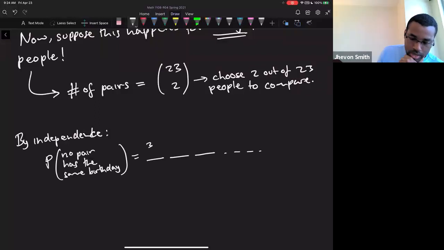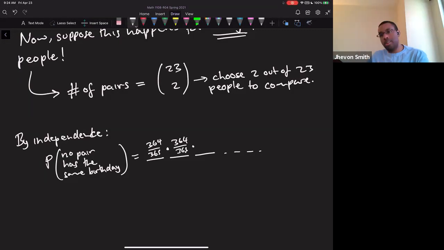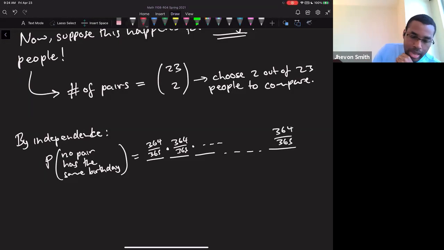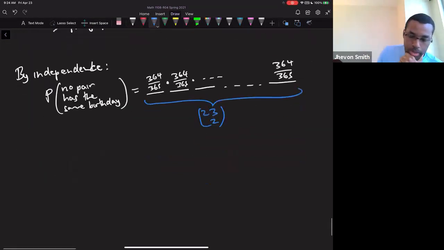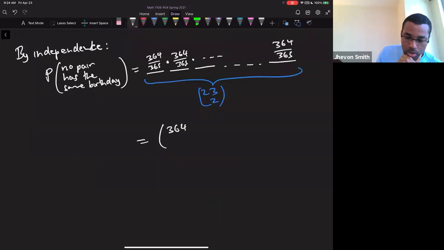So that'll be 364 over 365 times 364 over 365. It means the first pair and the second pair and the third pair and the fourth pair. We know because of independence, you can multiply the probabilities, and you will have 23 choose 2 such pairs. And so essentially this becomes 364 over 365 to the 23 choose 2.